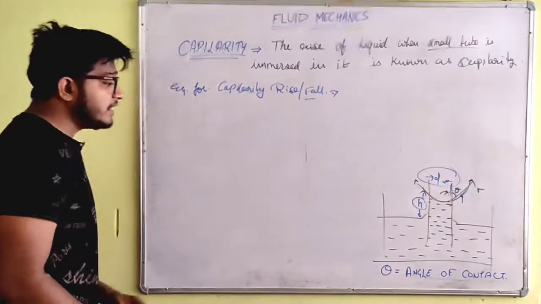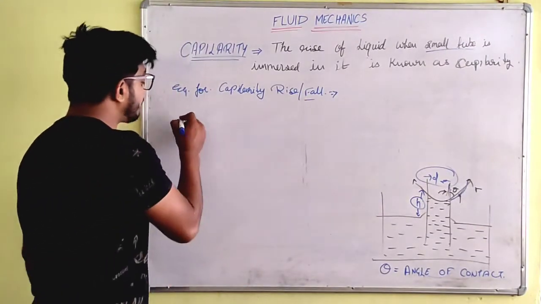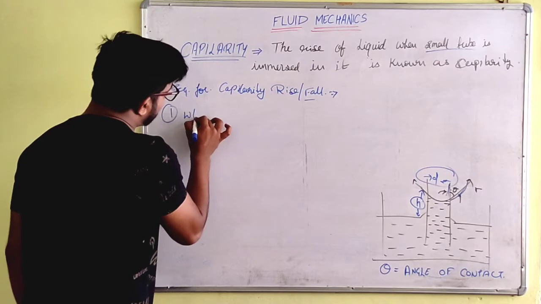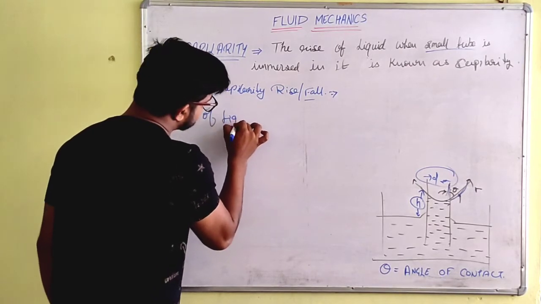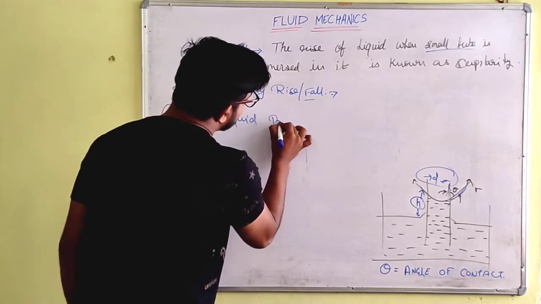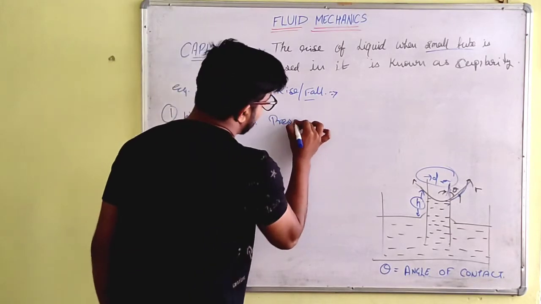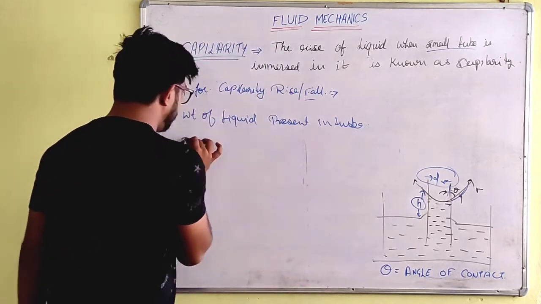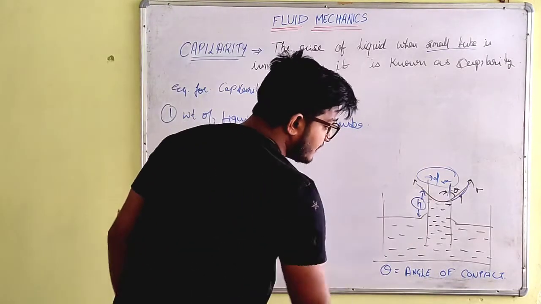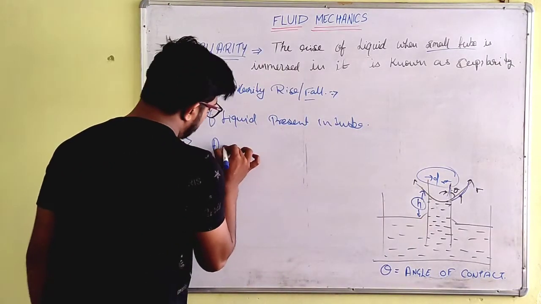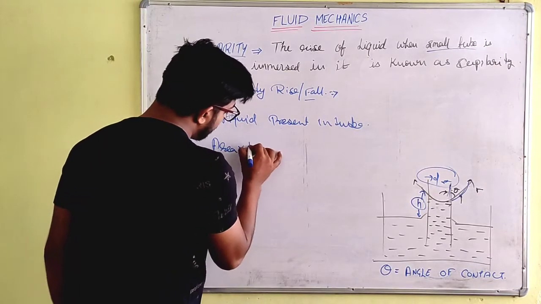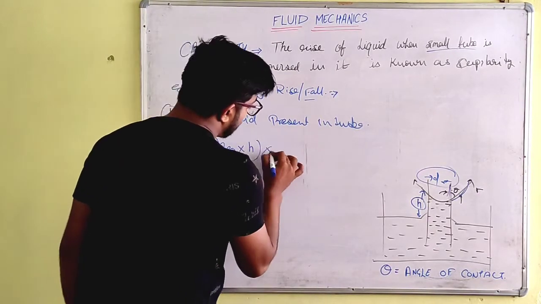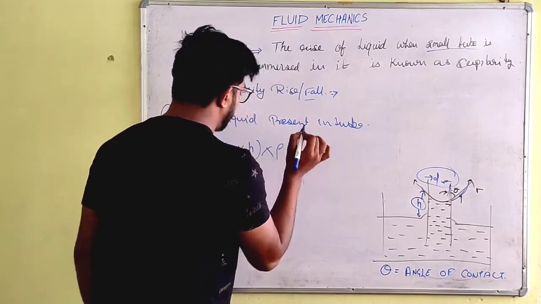Okay, so now let's start. First, we will find the weight of liquid present in the tube. For this we will take out the volume: area into height, into density into gravity, rho g.